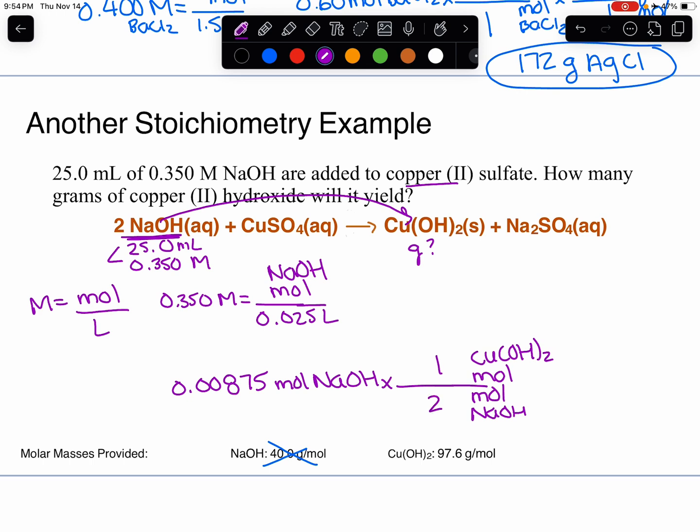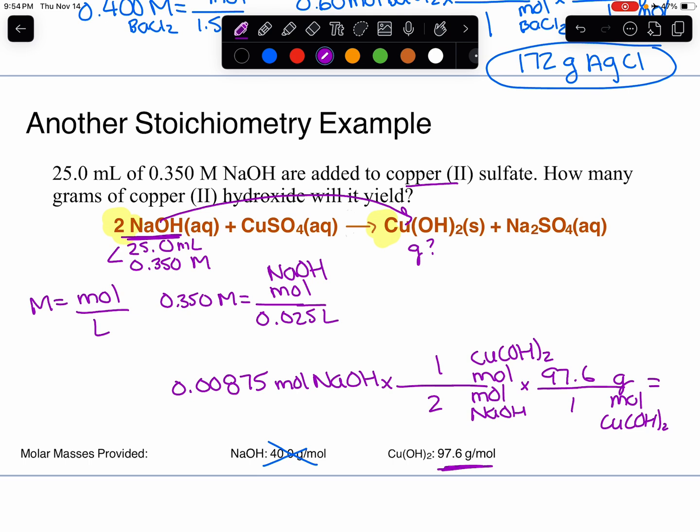That is a 2-to-1 ratio. Again, I got those numbers from here and from no number here, which is an assumed 1. Then I want to finish off like I did before, moles to grams of the copper hydroxide. And I provided you with that molar mass right down here.